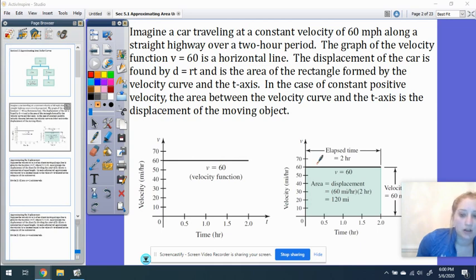So it's relatively easy for us to find the area of this because we know that the area of the rectangle is length times width. So in this case, 60 miles per hour times 2 hours gives us 120 miles. Right?